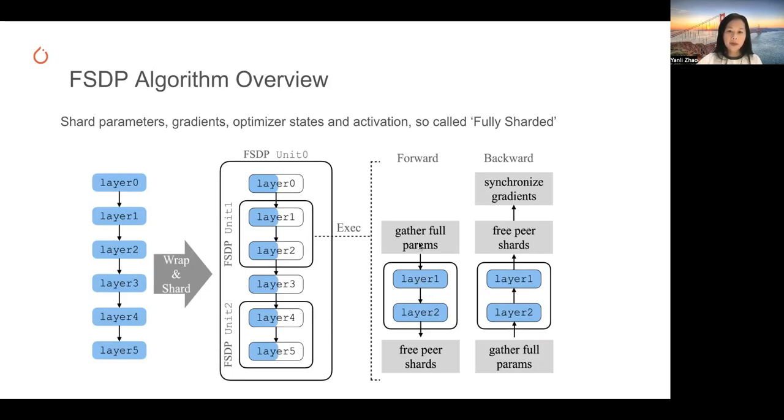The sharded parameters are communicated and recovered on demand before computations, and then they are immediately discarded afterwards. This approach ensures that FSDP only needs to materialize parameters from one unit at a time, which significantly reduces peak memory consumption.